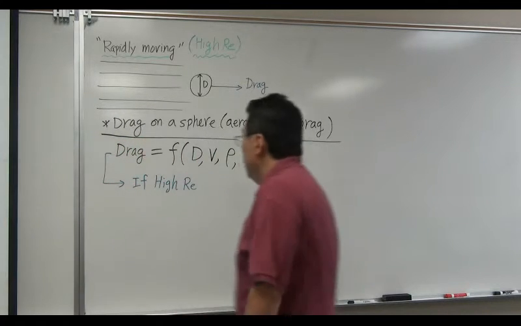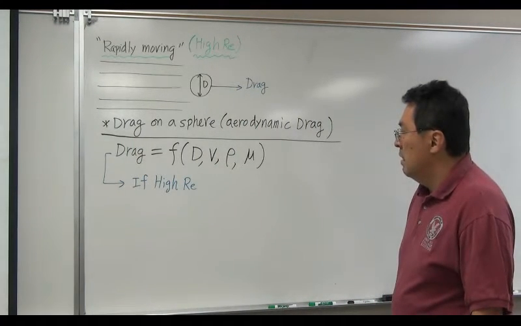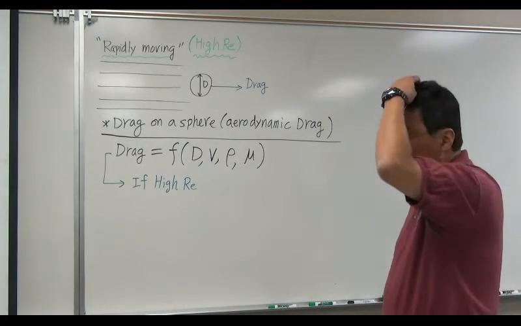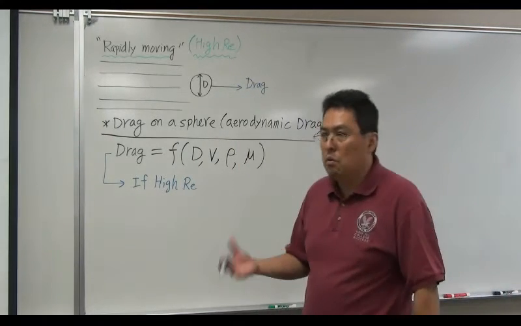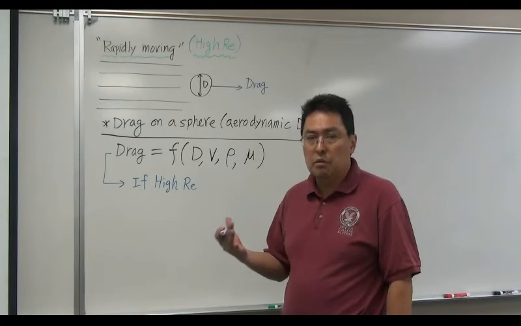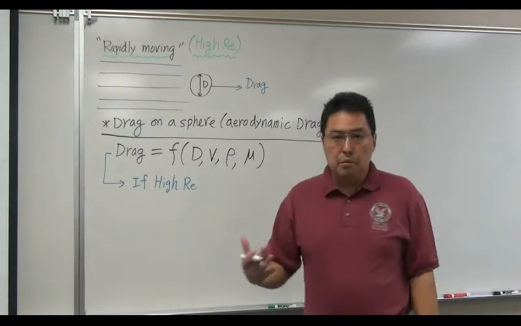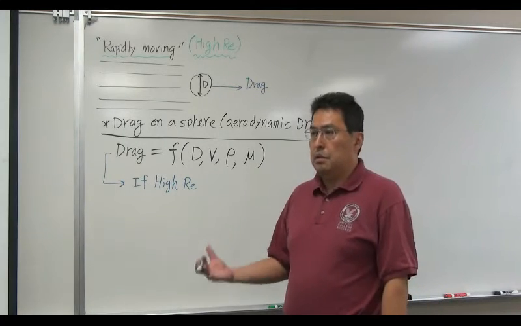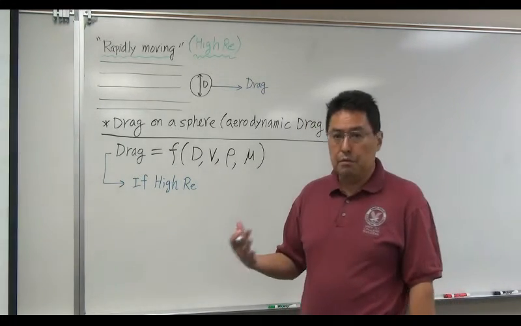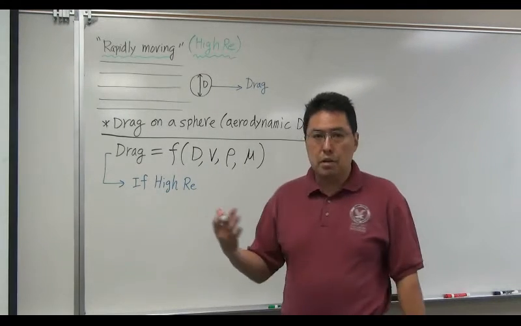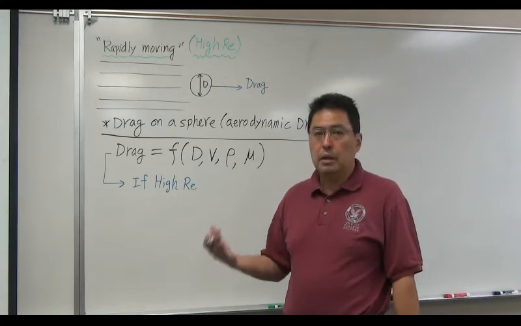That means high Reynolds number flow. Okay? Reynolds number, by definition, indicates how significant your viscous effects will be in your flow field. Low Reynolds number means that, yes, viscous effects pretty much dominate your flow field. High Reynolds number really means that viscous effects are totally insignificant.